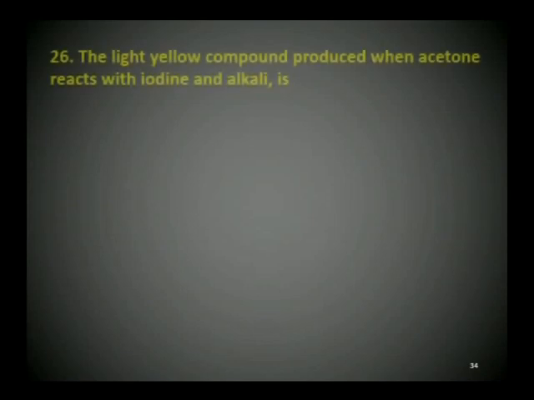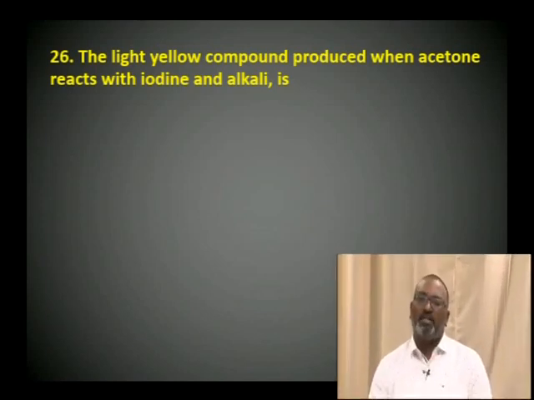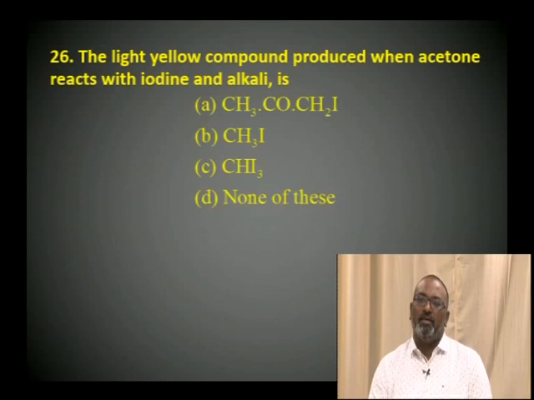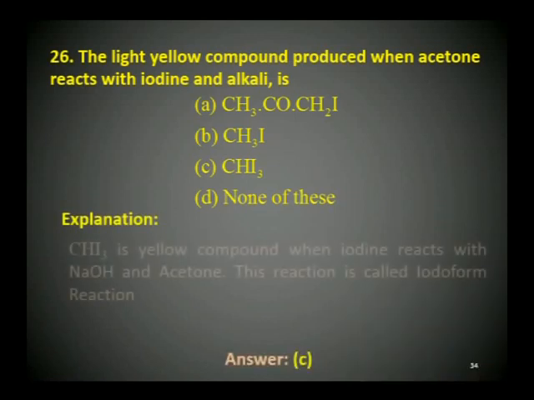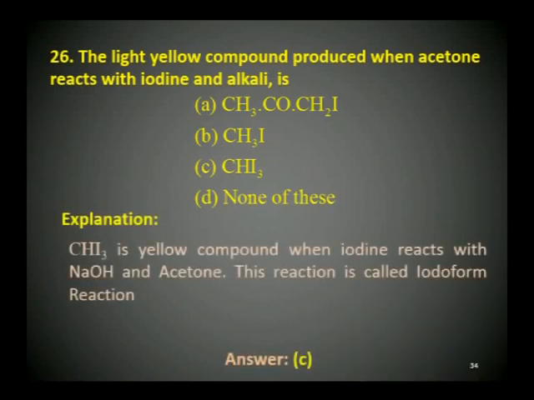Question number 26. The light yellow compound produced when acetone reacts with iodine and alkali is CH3COCH2I, CH3I, CHI3, or none of these.